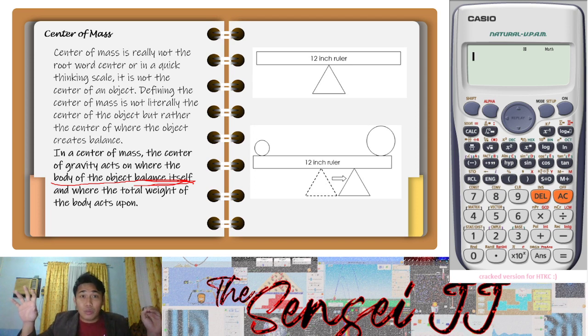The answer is no, it won't be balanced at all. So what we're going to do to make it balanced is place our triangle nearer to our bigger object so it will balance itself out. This is what we call the center of mass. It is not the center of it, but where the balance happens.